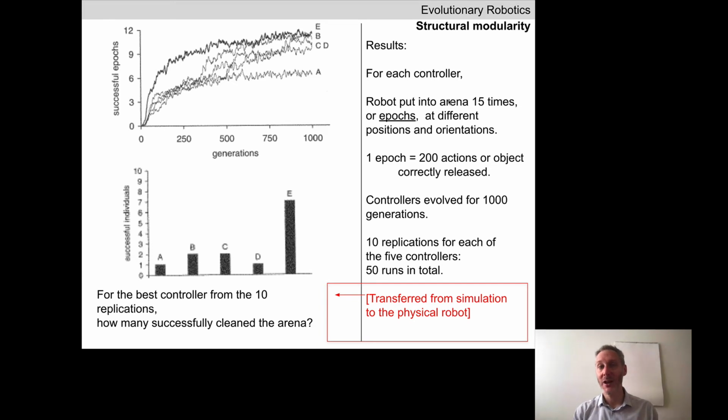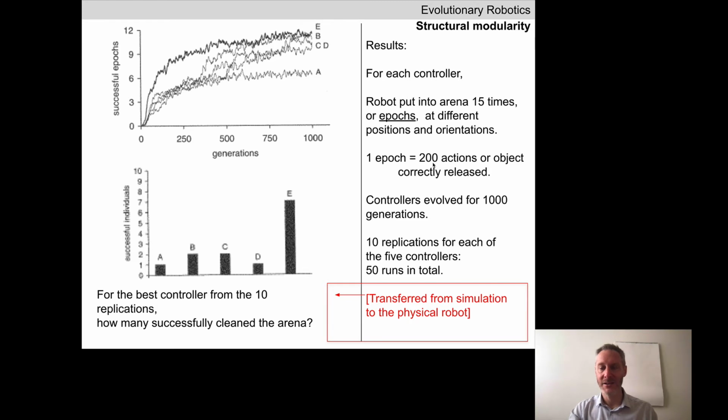So we're going to evaluate each neural network 15 times. We're going to call those epochs. Each time we put the robot in the arena, we're going to put it at a different position and at a different orientation. And in each of these epochs, the robot is going to be allowed to move 200 times.